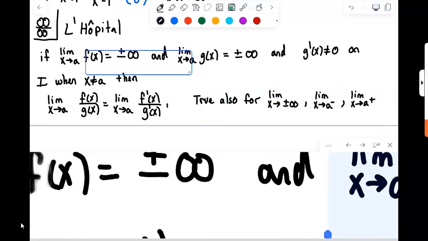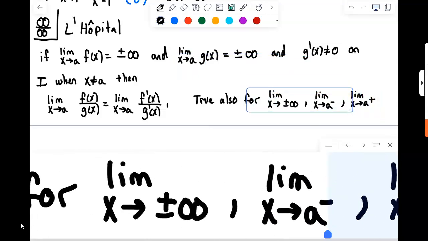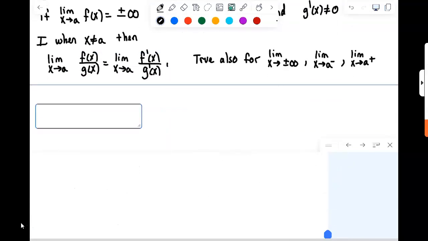So if you had any of these limits and you replace the limit as x approaches a with any of those, then this result would also be true. Again, this result's known as L'Hopital's rule. So let's see a quick example of it.